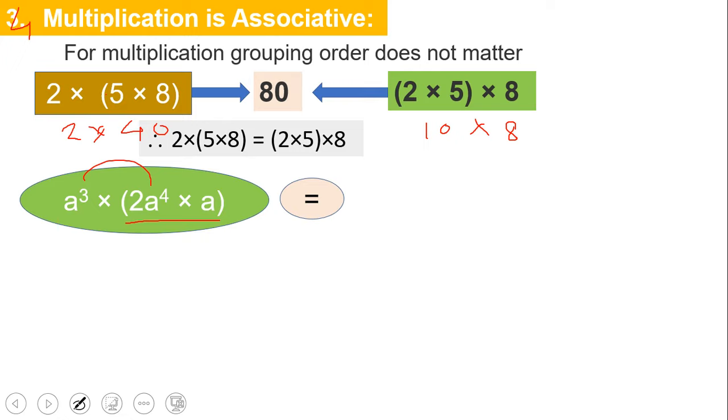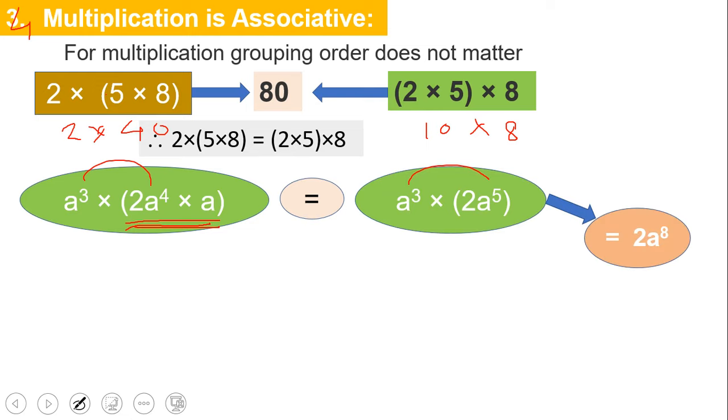A cube into, okay, first we solve the bracket. So what is the answer? 2a to the power 4 into a, that is 2a to the power 5. So this would be a to the power 3 into 2a to the power 5. And what is the final answer? This into this, 2 into a to the power 8.